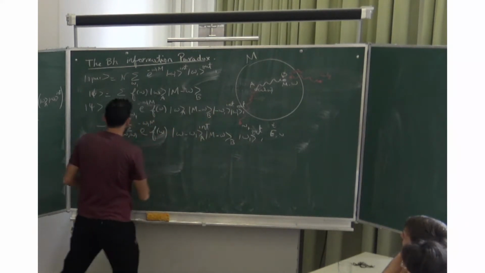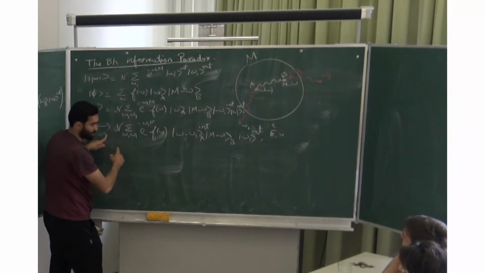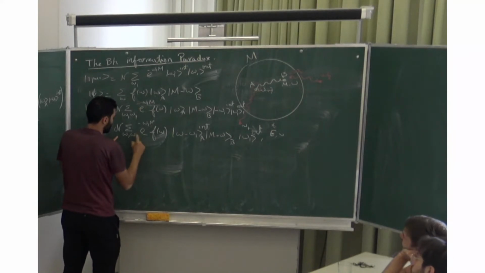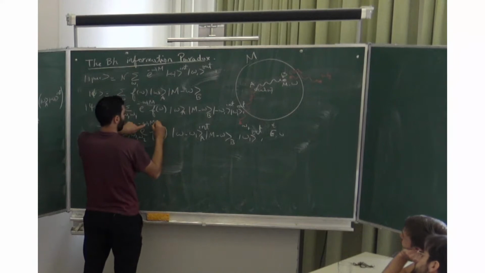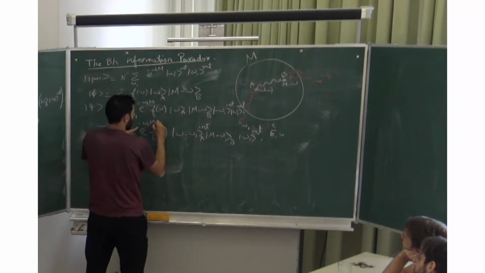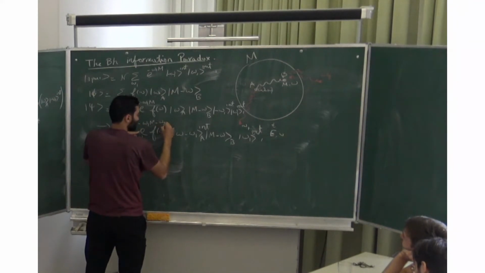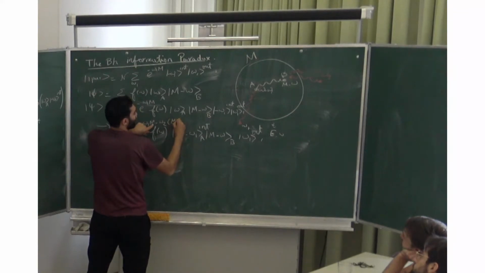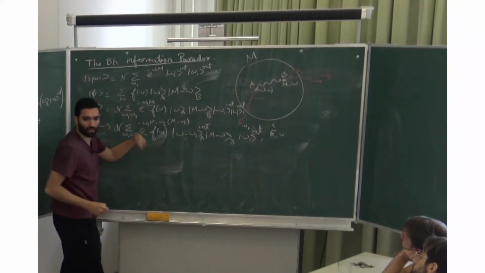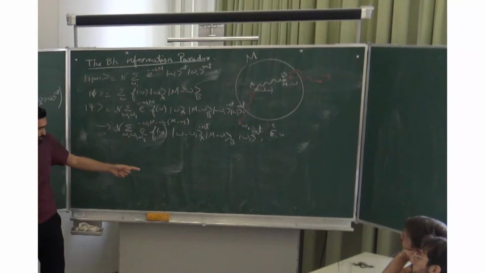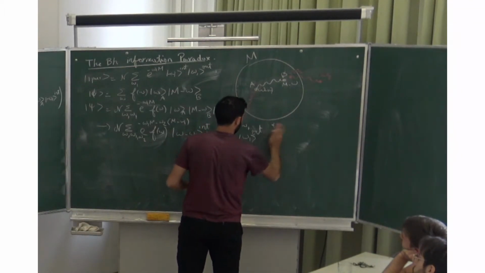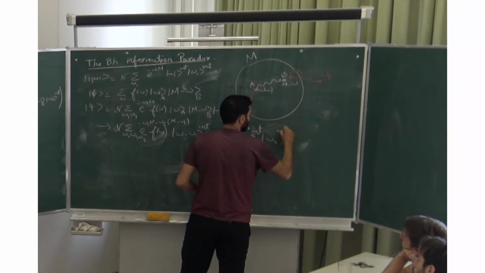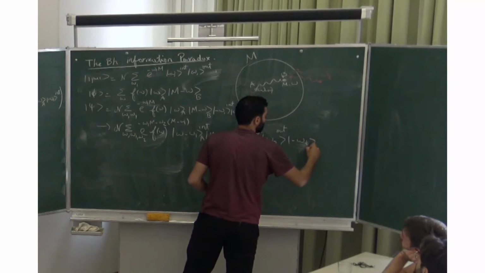So we have exactly this state, but with another omega 2 and with another exponential, which is now minus omega 2 times M minus omega 1, because now the mass of the black hole is M minus omega 1. And then we have here omega 2 out, and minus omega 2 int.